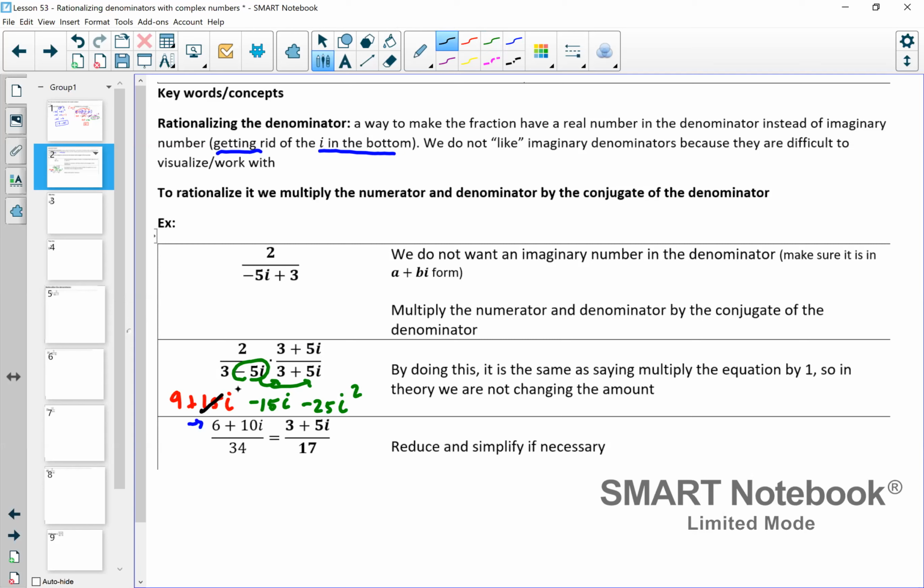Our middle terms, positive 15i and negative 15i, cancel out. This negative 25 right here is going to become a positive 25 because i squared is negative, and negative times negative is positive. Bring down the 9, and 9 plus 25 gives us this beautiful 34. That is right here.